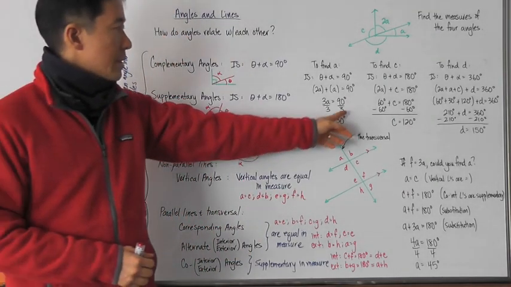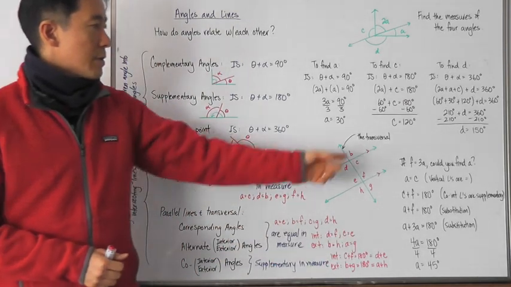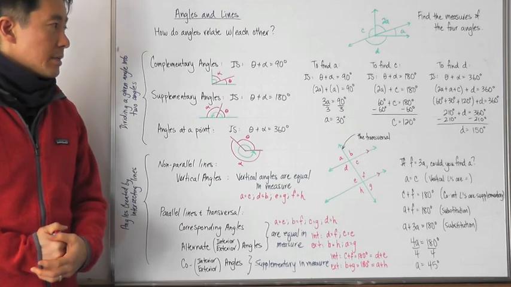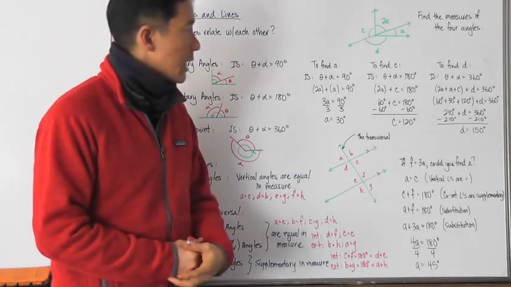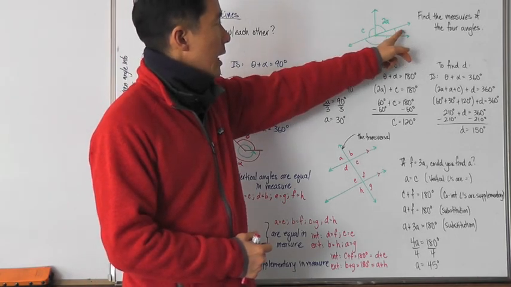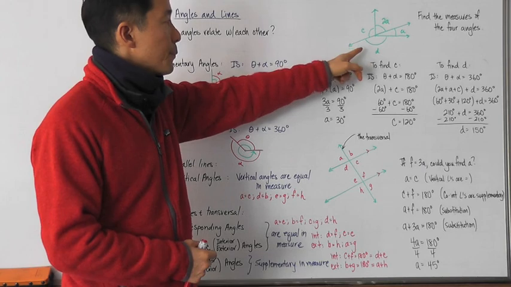I know that A was 30 degrees, so 2A is 60 degrees, plus C is equal to 180. Subtract 60 from both sides, and I know that C is going to be equal to 120 degrees. Now to find D, I could use the same approach with the angle D and A and say that those two angles are supplementary to each other, which they are.